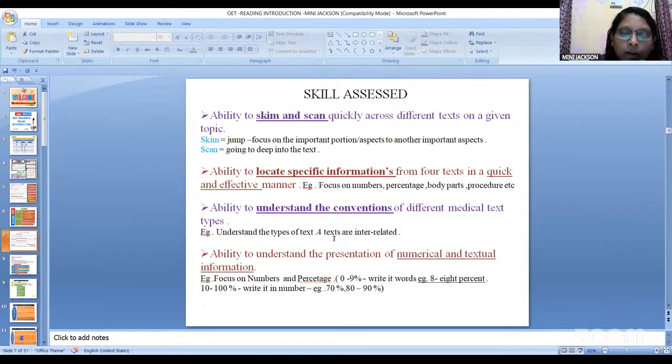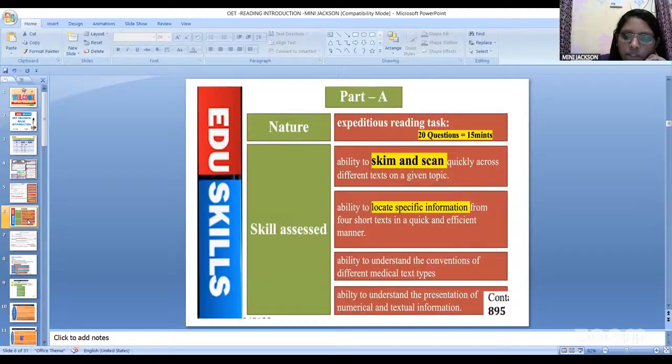So it will be arranged sequentially. Otherwise, when you are going to mark A, B, C, D, you need to concentrate on whether it will be A or B or C. So that mind-setting should be there to focus more. Then next one is the ability to understand the presentation of numerical and textual information.